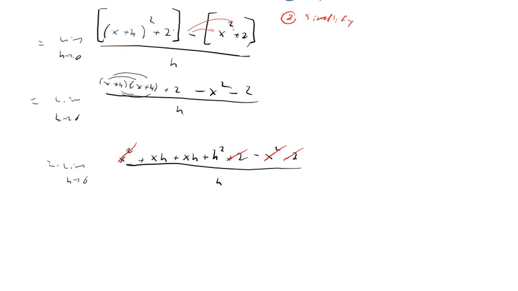So let's keep going. Limit as h approaches 0 of xh plus xh is 2xh. Right? These two combine together. Plus h squared over h. Right.